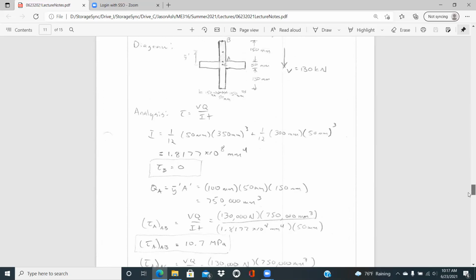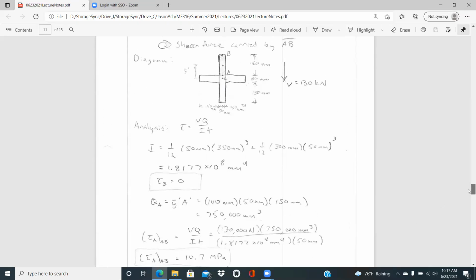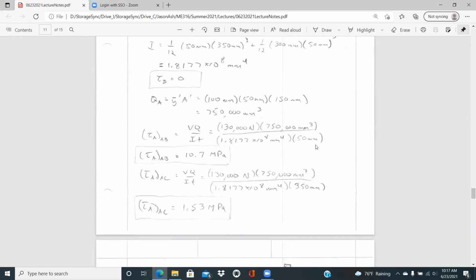And then we want to calculate that shear stress at A again for that section AC. And if we're going a minute distance down from there, our area is not going to change any if we're talking about infinitesimally small distances. And so our Q value remains the same. The only thing that changes is that T value, that width of that horizontal section. And so that V is the same, 130,000 newtons.